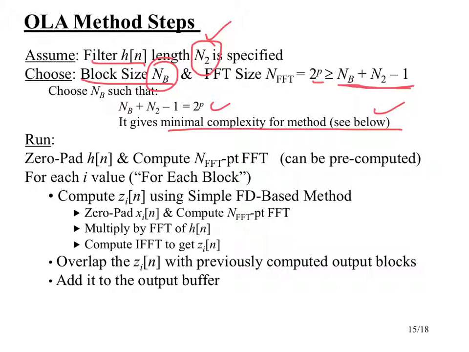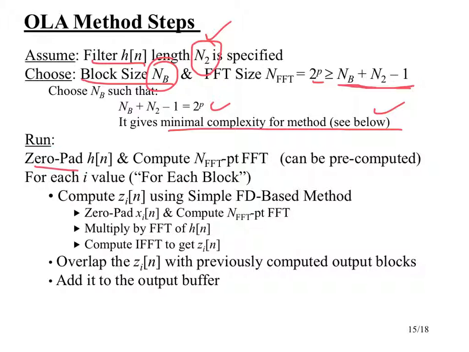So that's all setting things up. So the choice of block size, the choice of FFT size is all done when you're designing and implementing this scheme. And so then when we want to run this, I put this first step in the running, even though that would really be something that you would do just once.